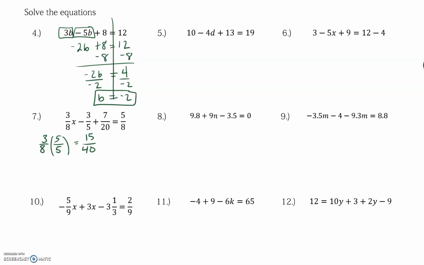So that's our new fraction there. Take 3/5. And what would you have to multiply 5 by to equal 40? 8. So that means we have to multiply that fraction by 8 over 8. 8 times 3 would be what?